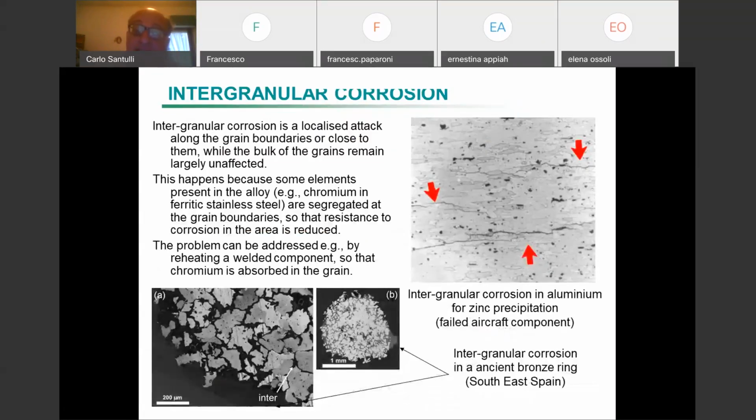Corrosion: there are some other types of corrosion which are very typical. You may have realized that metals like steel have grains, which are the places between which the alloys precipitate. The second element might be carbon, or you may have more elements like chromium, for example.